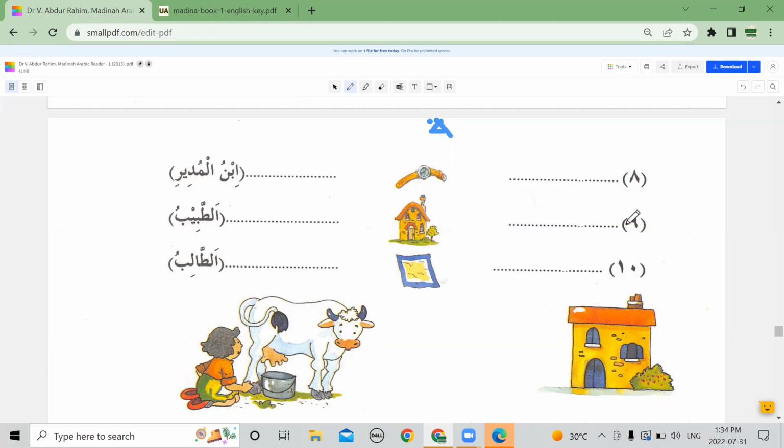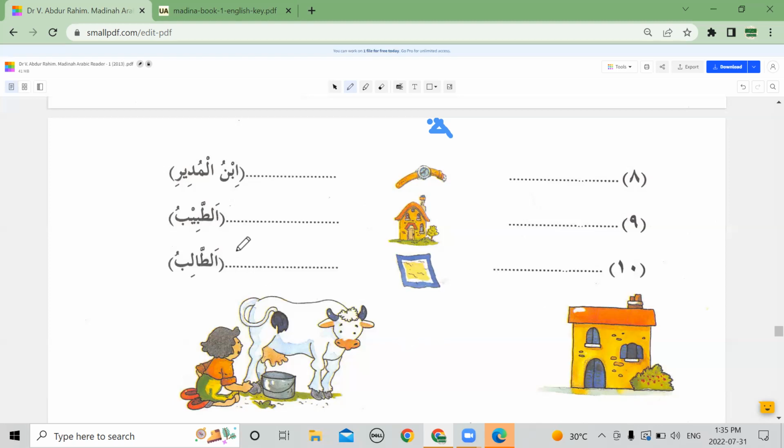This house belongs to the doctor. Very good. Last one. لمن هذا المنديل؟ هذا المنديل للطالب. This handkerchief belongs to the student.